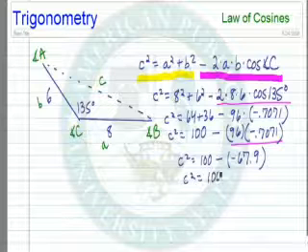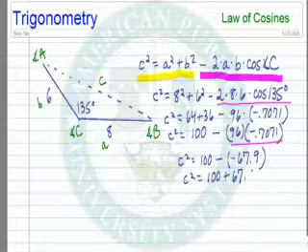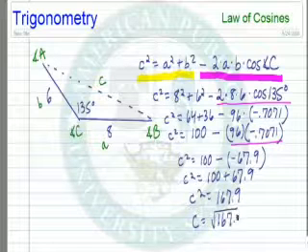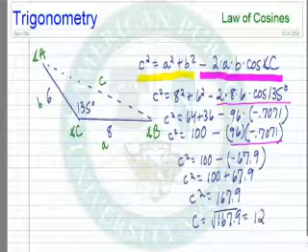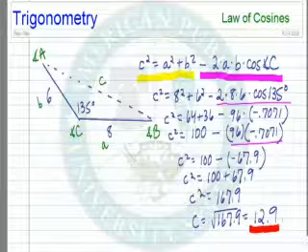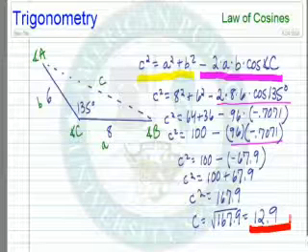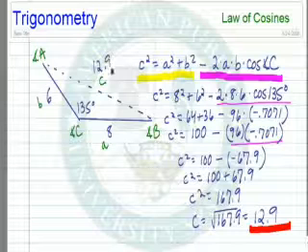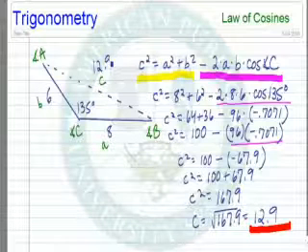So we end up with 100 plus 67.9. We get c squared equals 167.9. And for our final step, we're taking the square root of this, and we're getting 12.9, which is approximately what we got on our animation that we just looked at as a side length for C. I'm just going to write that over here, and just to see if it looks reasonable. And it does. It's the biggest angle, it's the biggest side length, so we're okay with this.